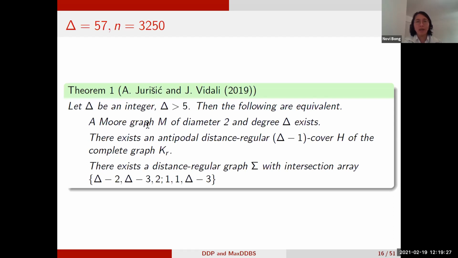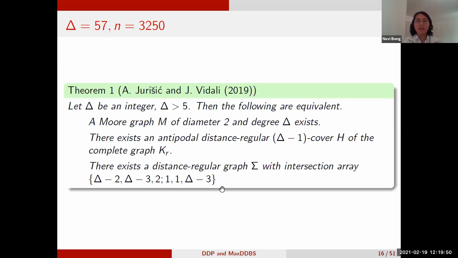If a Moore graph M of diameter 2 and degree delta exists, it is equivalent that there exists an antipodal distance regular delta minus 1 cover of the complete graph, or there exists a distance regular graph sigma with intersection array like this.